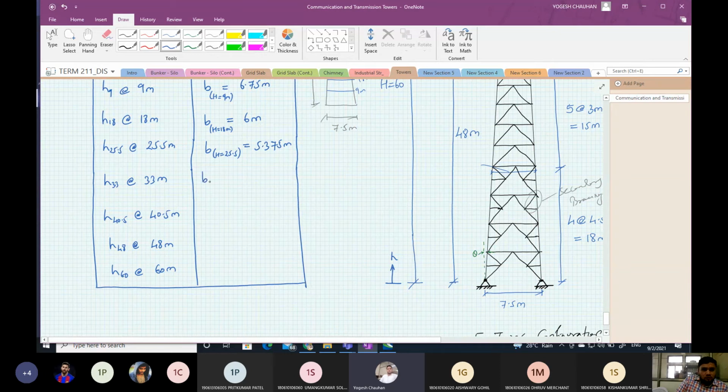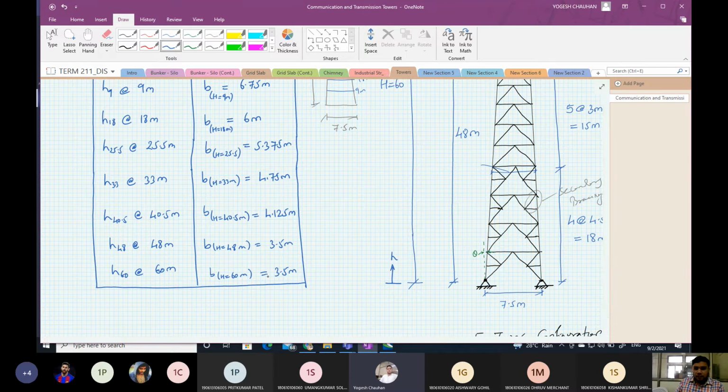So the width corresponding to 33 meter is 4.75. The width corresponding to 40.5 meter is 4.125. The width corresponding to 48 meter is 3.5, and the width corresponding to 60 meter is also 3.5 meter. Okay, so we have these widths.